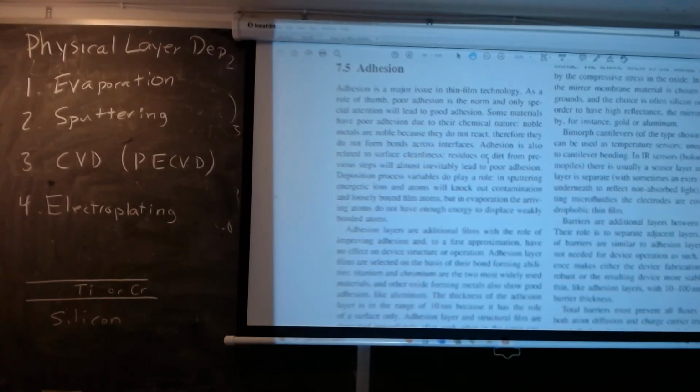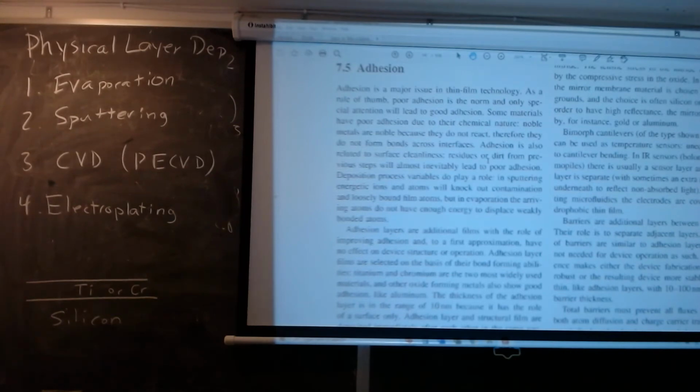Titanium and chromium stick very well to surfaces. Why they have such good adhesion, honestly, I don't know that it is that well understood.